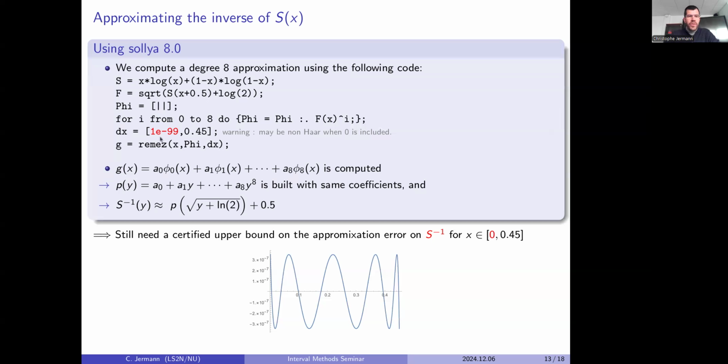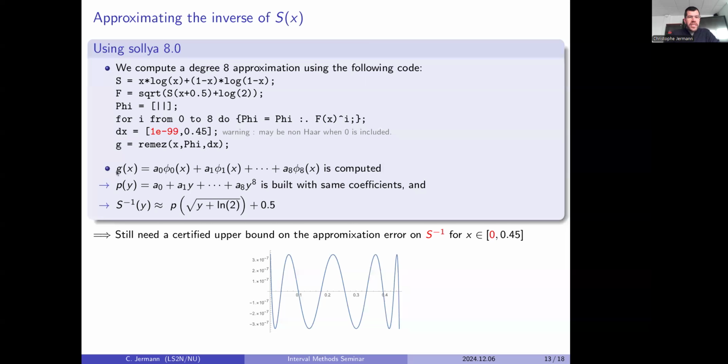But here you can see there is a small detail: we could not enter the domain we wanted. We could not put 0 there because in this case, internally Sollya has some checking about the Haar condition. And because of the singularity of the derivatives, it is not able to prove numerically the Haar conditions if 0 is included. But because this software uses arbitrary precision, we could enter a very small number and still obtain an approximation.